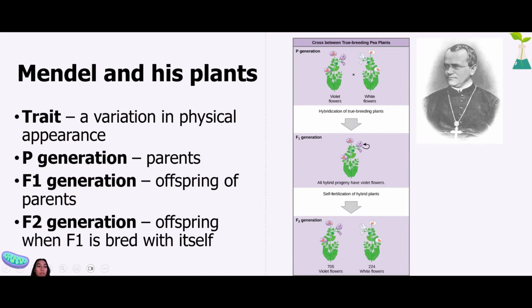Mendel's whole thing was looking at the different characteristics, seeing how some traits were inherited. For example, he would see that when you crossed a violet or purple flower with a white flower, you would get all purple flowers for your F1 generation, but then in the F2, you would see the white flowers come back. He was just trying to figure out what was going on here.